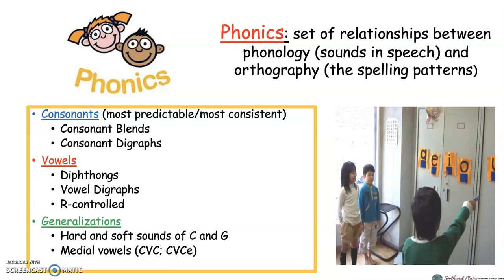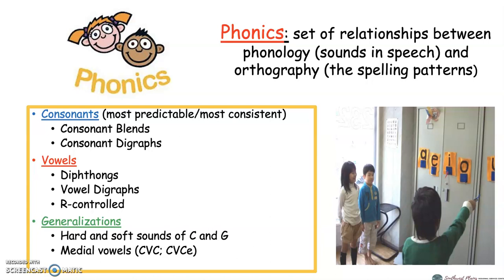Vowels are letters like A, E, I, O, U, and sometimes Y or W. We can see relationships between consonants and vowels. Most curricula introduce consonants first, as their sounds are more predictable, or more likely to be consistent.